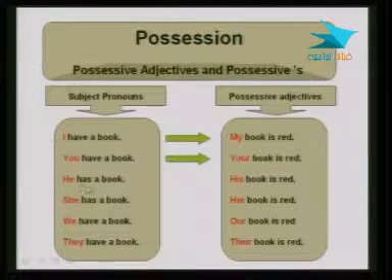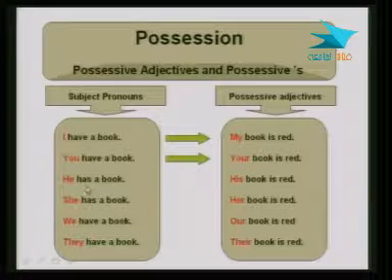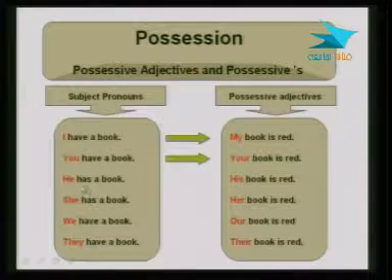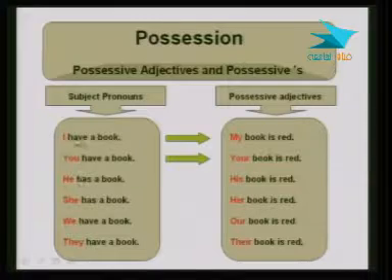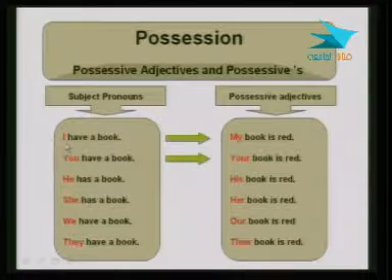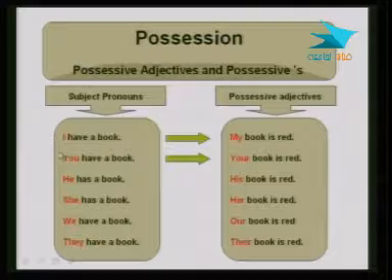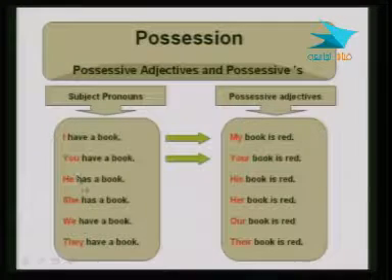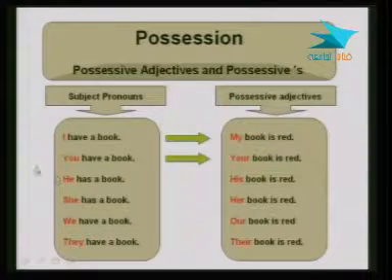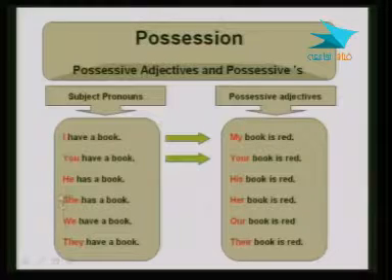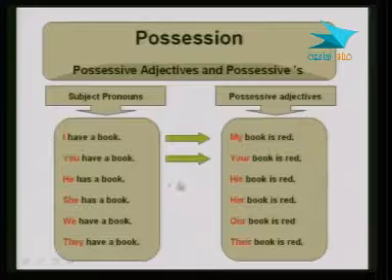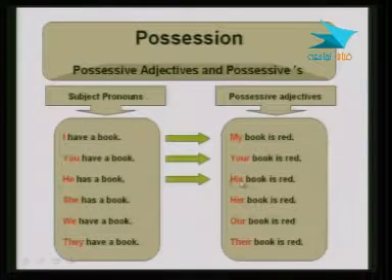And see here, you notice that we use has, not have, because we can use have with I, you, we, and they, but has we use with he, she, it, and a singular subject. So he has a book, and therefore it's his.